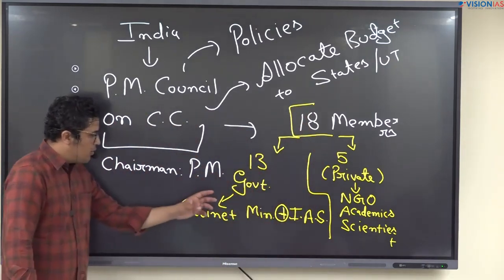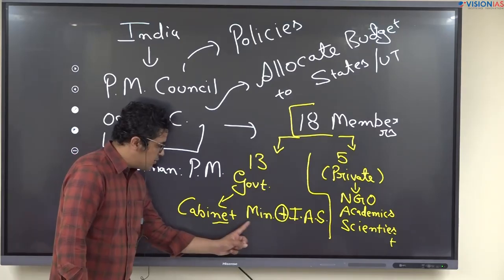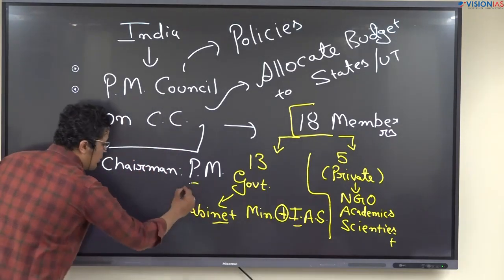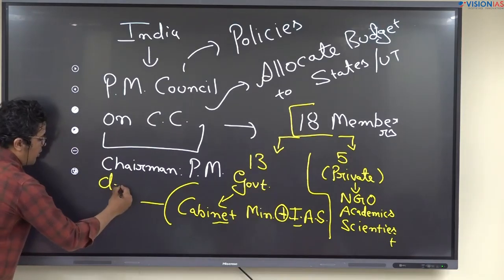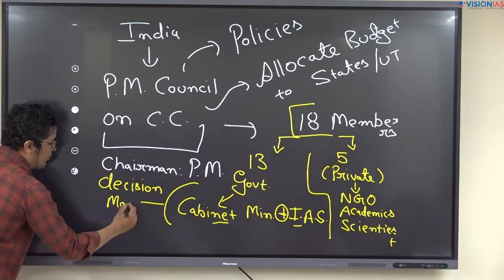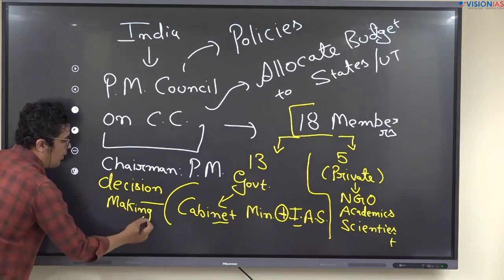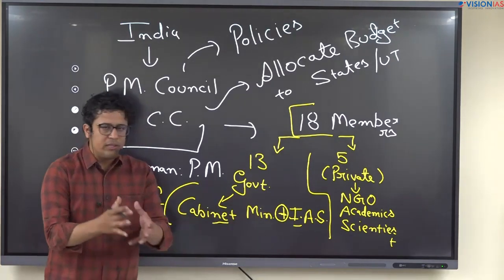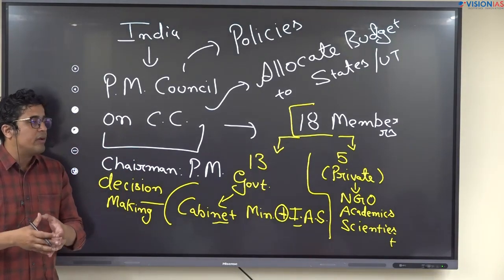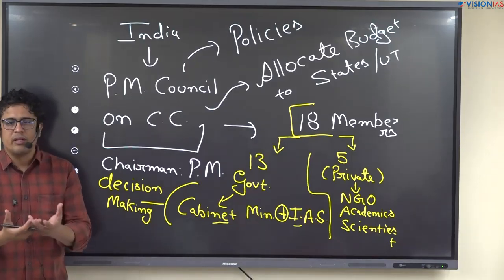Now, why are these cabinet ministers and IAS officers included here? Because they are responsible for decision making. If you have all the cabinet ministers at the same place, it will help in quick decision making.